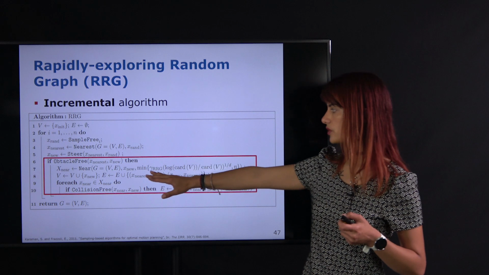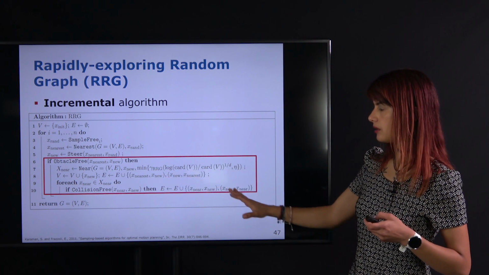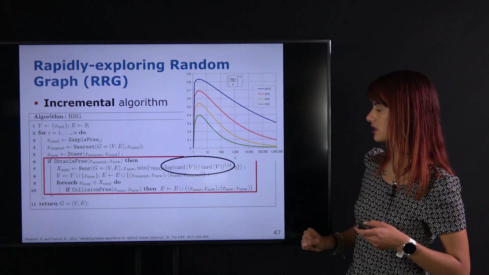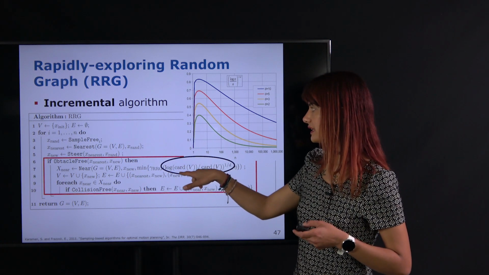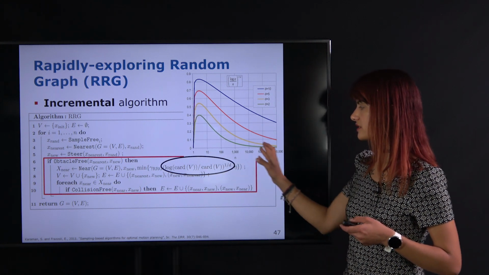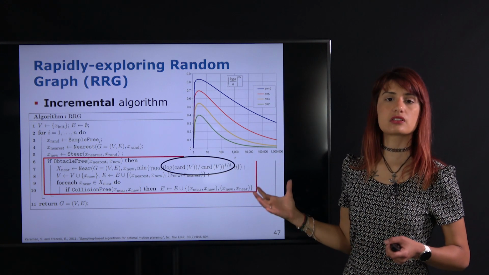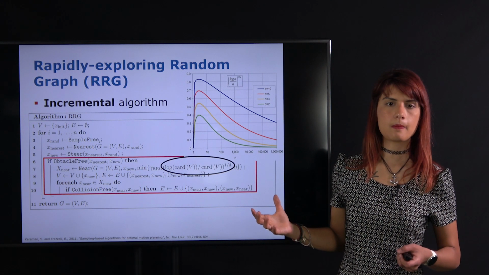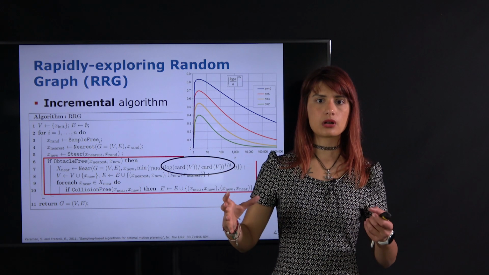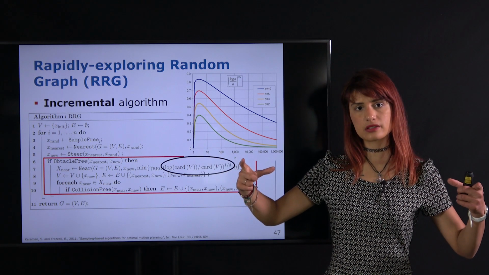And intuitively, if we want to plot this, the radius for checking for collisions, this is what it would look like. So this is the key insight here. The radius actually decreases with the number of nodes in our tree, so the number of samples that we take. So relatively early on, we have a very large radius that we check.